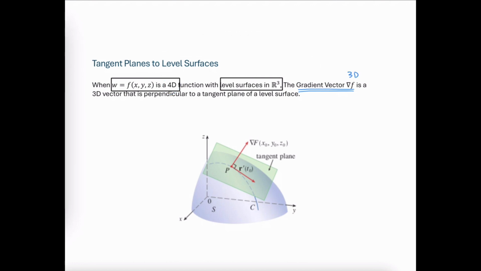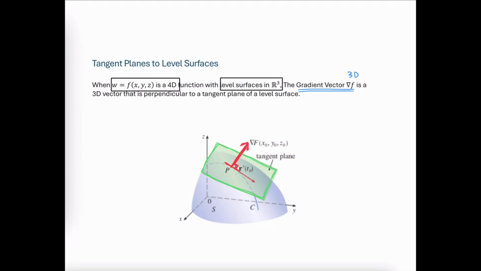And what we'll see here is that this gradient vector is perpendicular to not a tangent line, but in a higher dimension, this would be the tangent plane. So our higher dimension interpretation of the gradient vector is that it's perpendicular to a tangent plane in 3 dimensions, where we were perpendicular to a tangent line in lower dimensions.